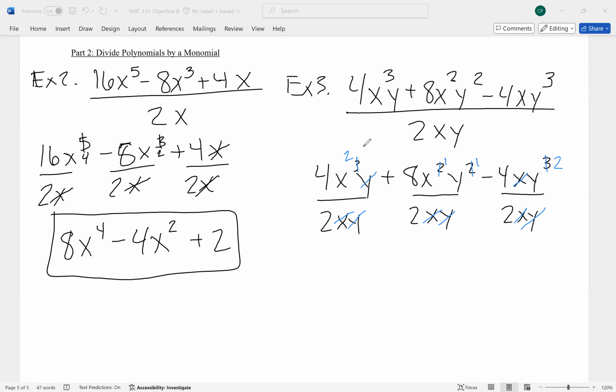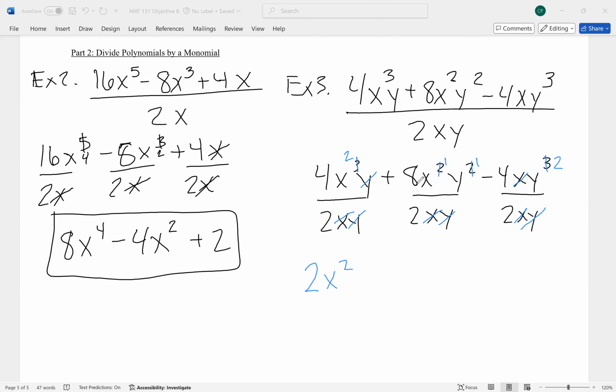Of course, you can subtract the exponents if that way is easier for you, or you can think about it like this, which is kind of more of a logical way of thinking about it. So now we have to do 4 over 2, which is going to be 2. Then we have that x squared.